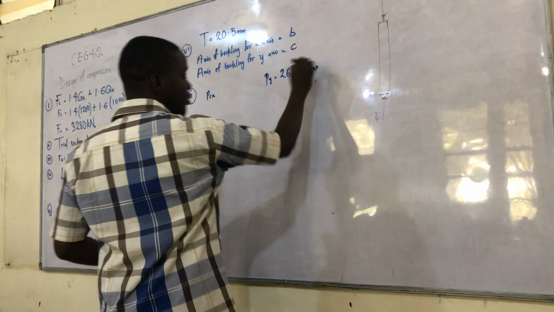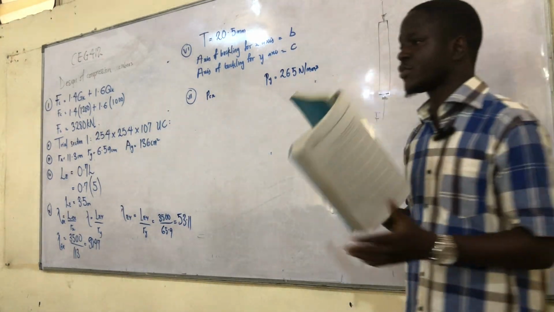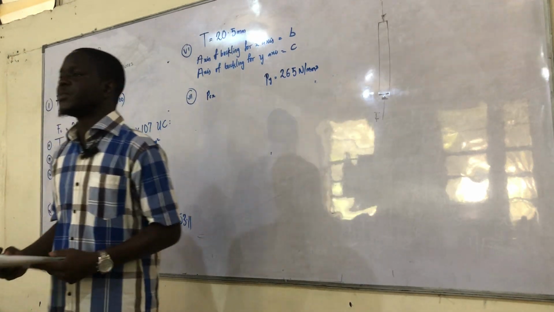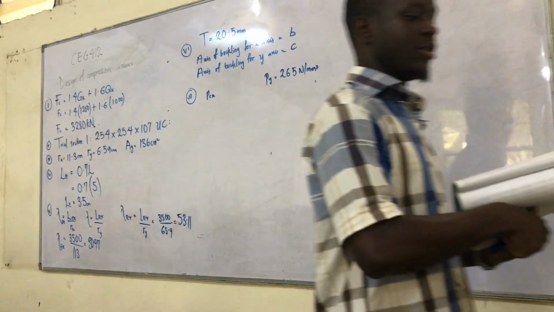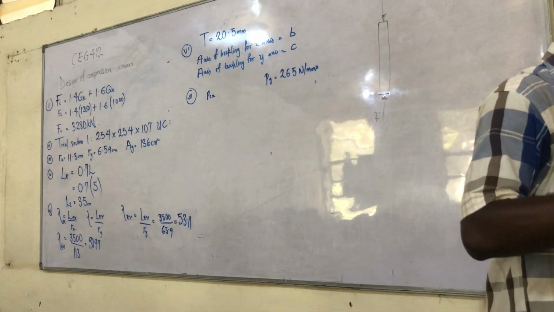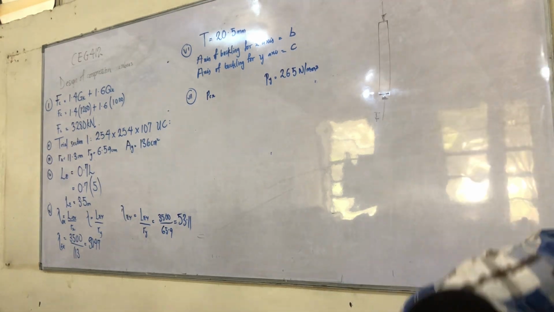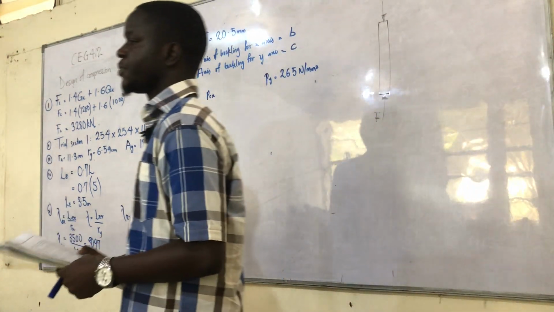Go back to table 24. Now, our steel grade is S275, right? Sorry, my fault. Steel grade S275. Design strength is what?